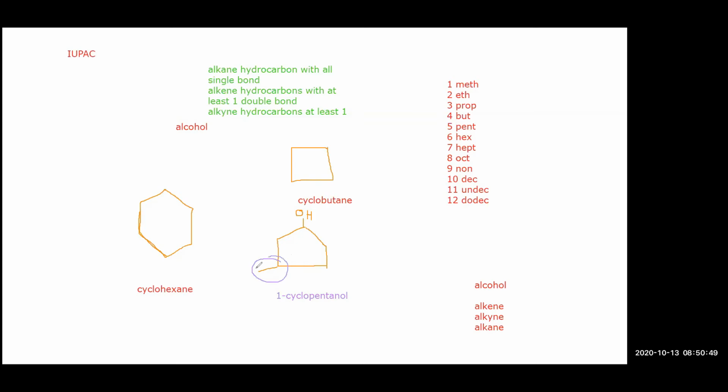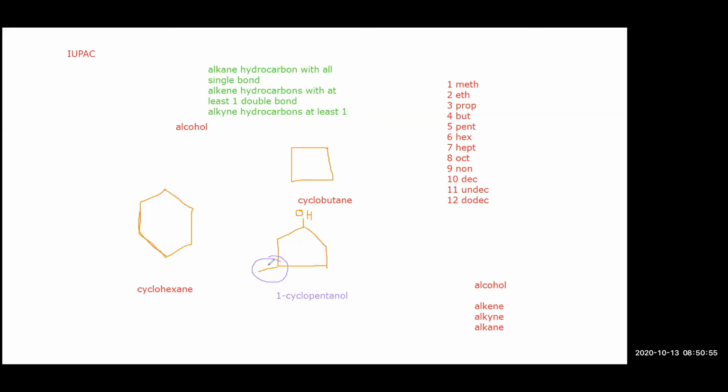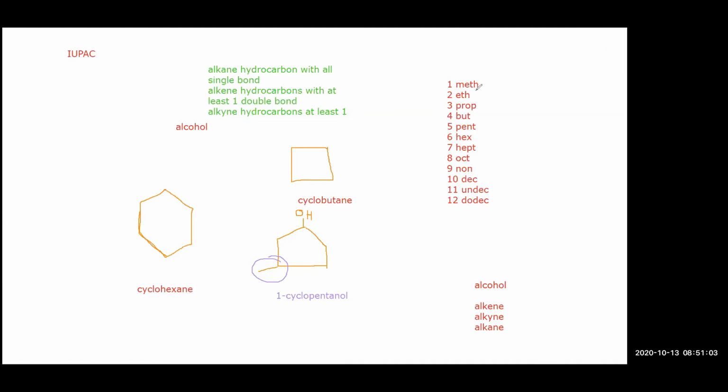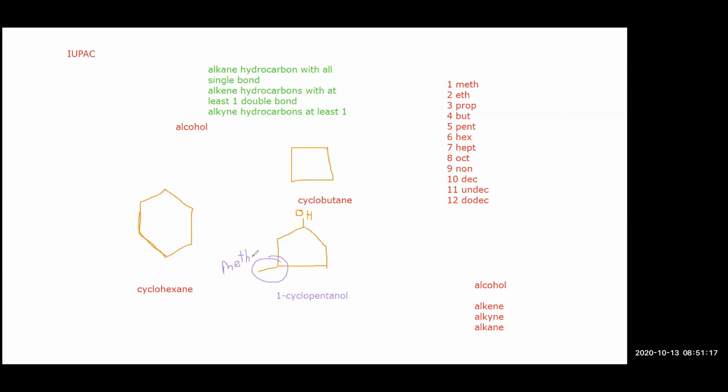How many carbons is that? There's 1, 2, 3 carbons. So that would be called what normally? Meth. So meth, and then because it's a side chain, what do we put on side chains? The yl.